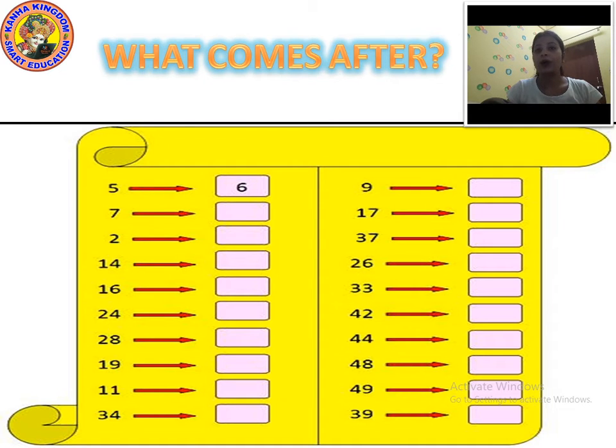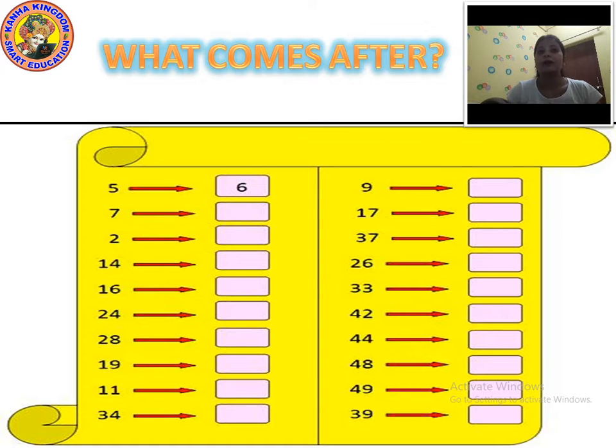In the last video I told you that for finding the number that comes after this number, we have to count from the starting. If you count from the starting, it will be easy for you to remember the number that comes after.